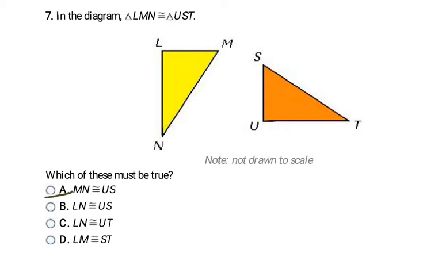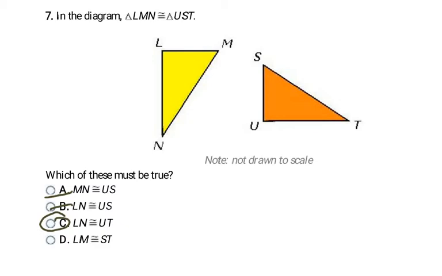First and third letter here is UT. So LN is congruent to UT. That's not what B says, so it can't be B. But C does say that, so my answer is going to be C.